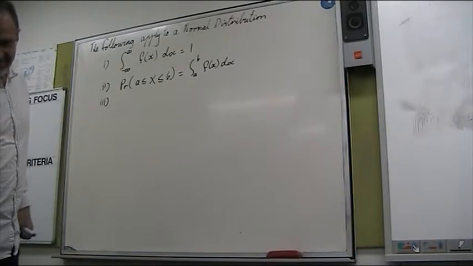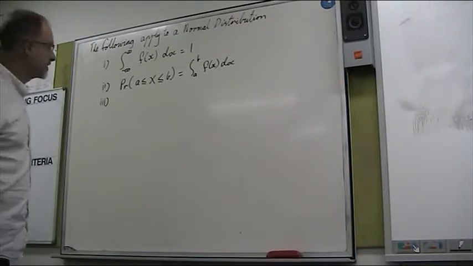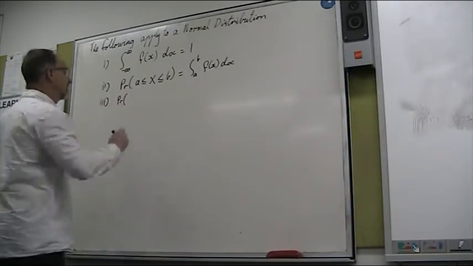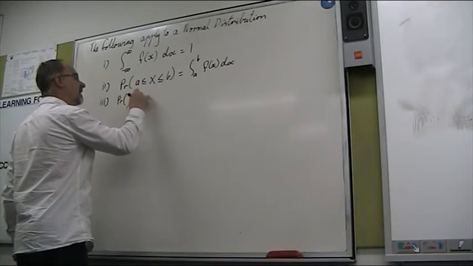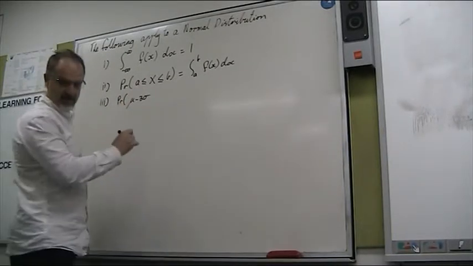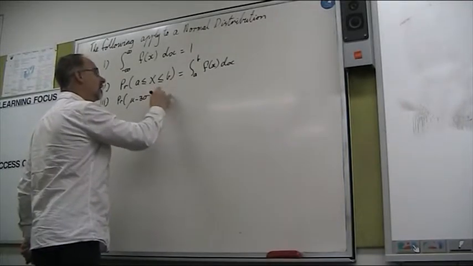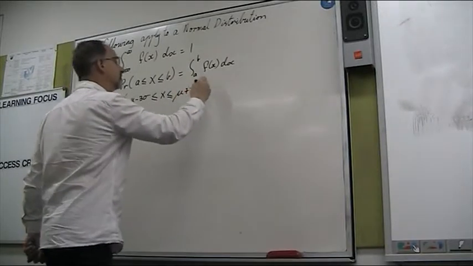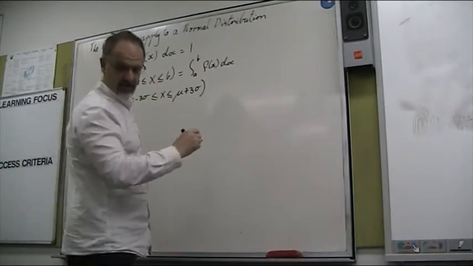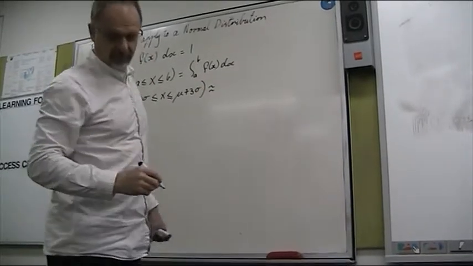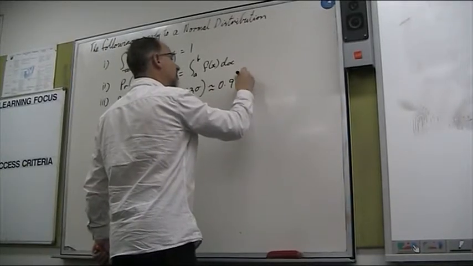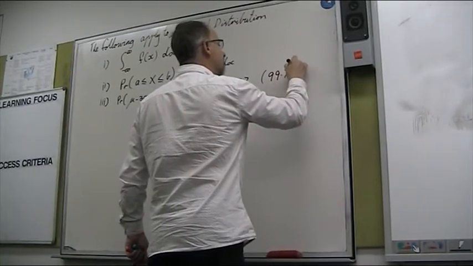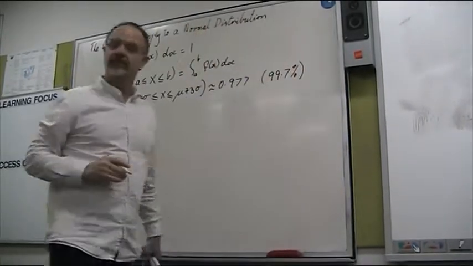All right, now there are these three patterns that occur in terms of probability. The probability of something being 3 standard deviations below the mean and 3 standard deviations above the mean is approximately 99.7%.